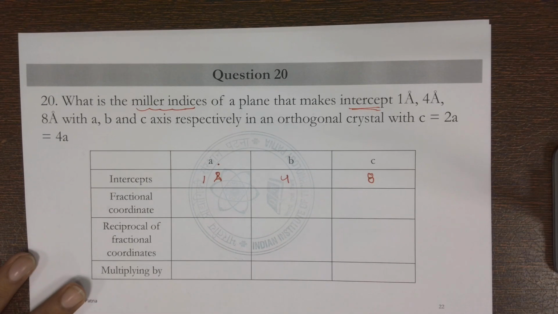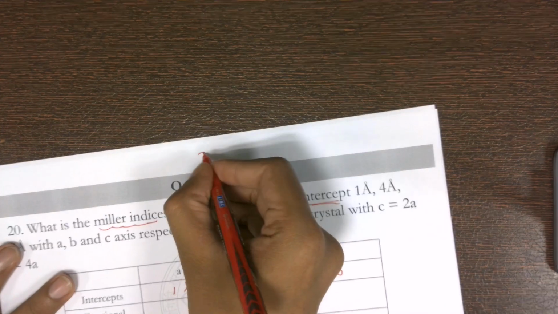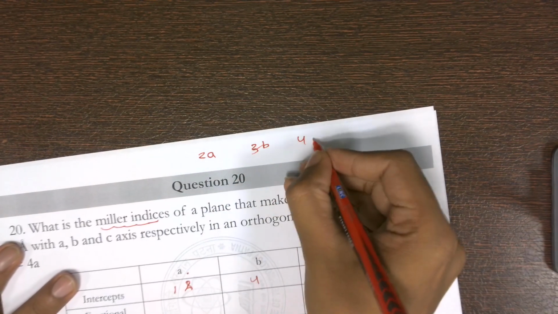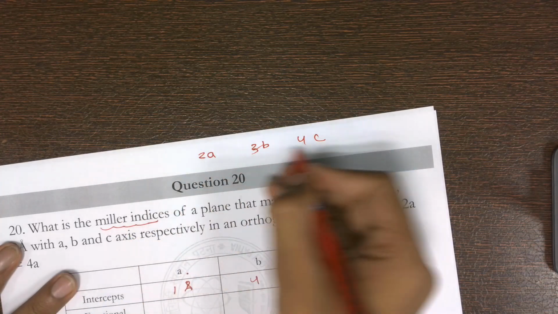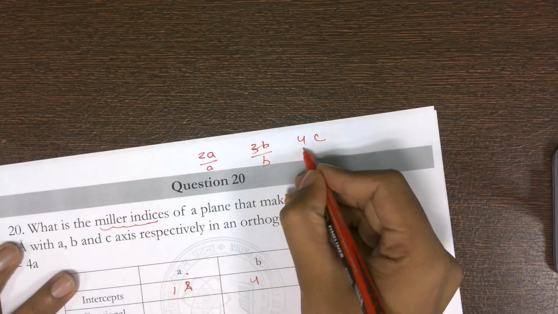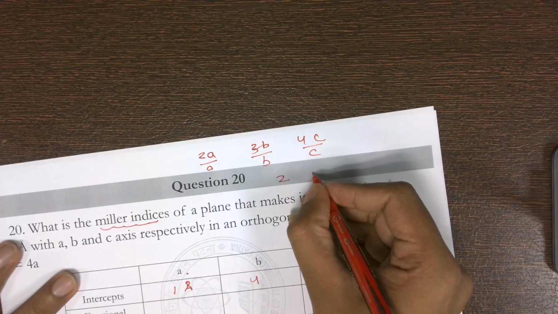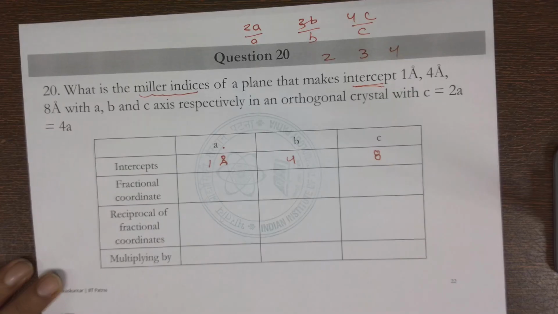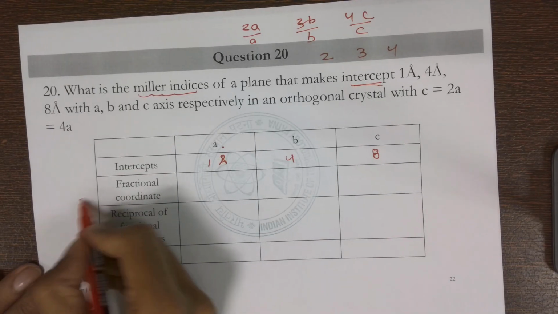Next step, let's say we got the plane intersecting at 2A, 3B, 4C. What we do then is remove A, B, and C, which means we are dividing by A, by B, and by C, so that we only get the numbers 2, 3, and 4. So here also we will divide them. We will find the fractional coordinate.